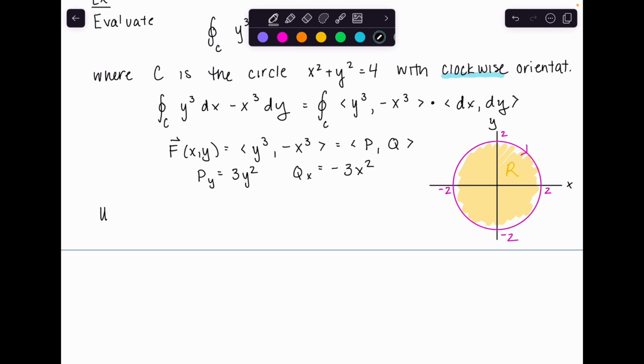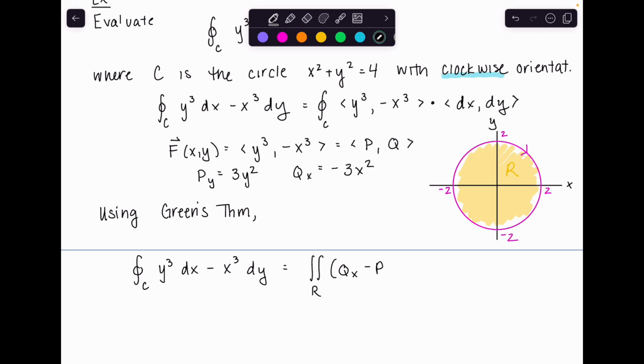So starting out, using Green's theorem, this integral of y cubed dx minus x cubed dy can be turned into a double integral over the region R of Qx minus Py.